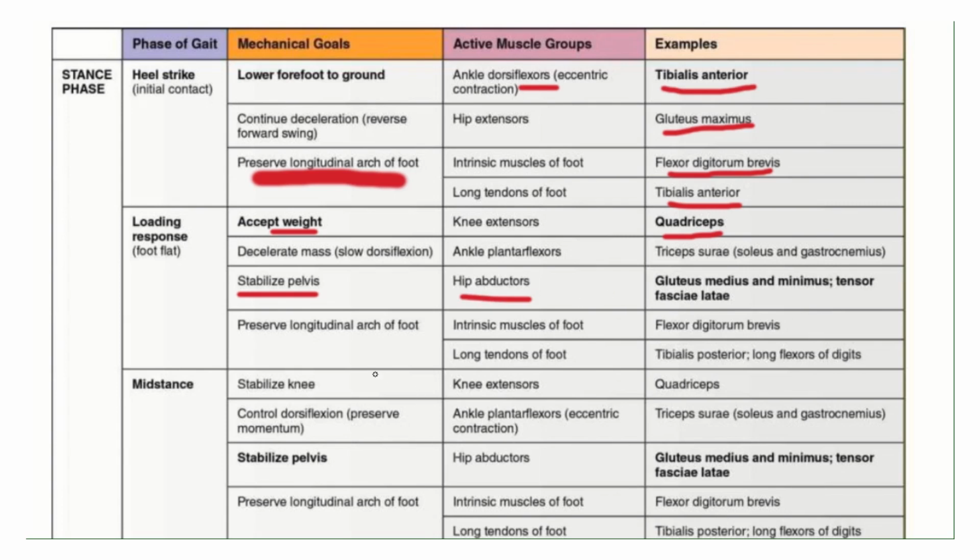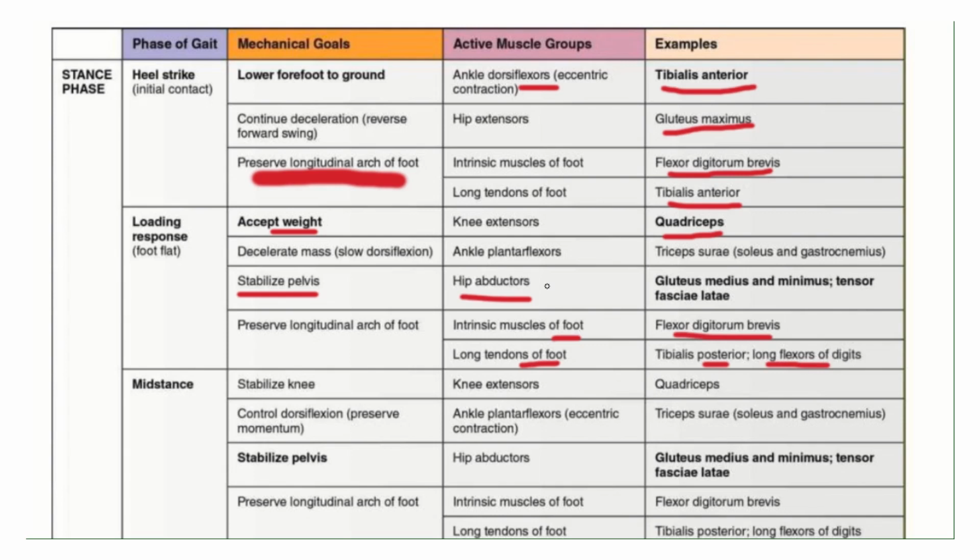Similarly, as the weight is being distributed over the foot, excessive plantar flexion will be resisted by the intrinsic muscles of the foot and the long tendons of the foot that include the tibialis posterior, the long flexor of digits, and the flexor digitorum brevis.